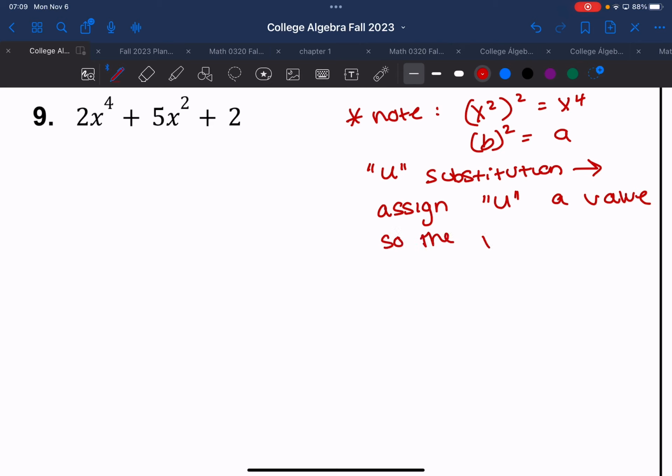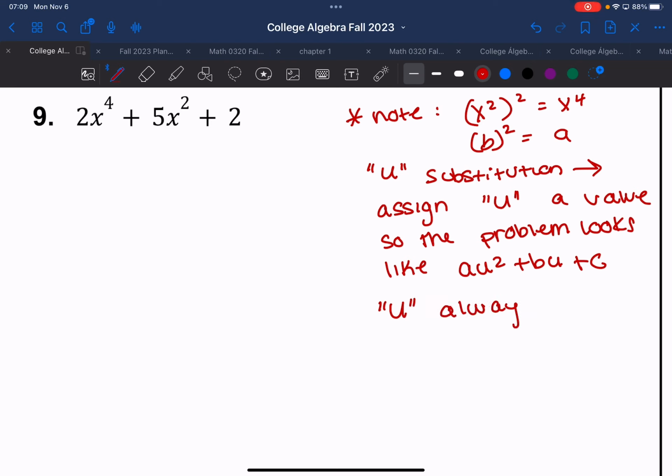So the problem looks like au squared plus bu plus c. Your u value is always the variable next to b.